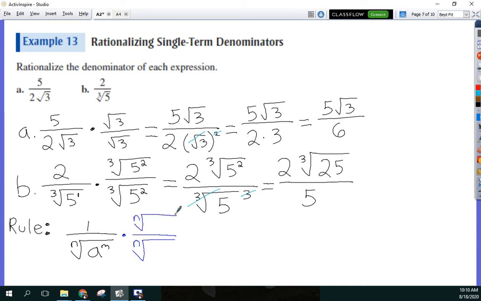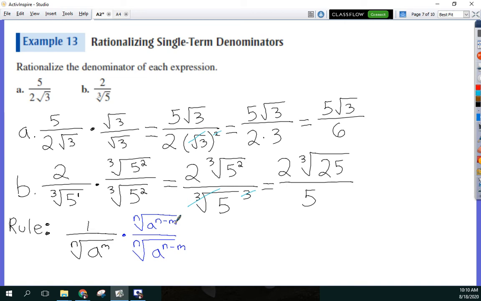But just like we did here, we took my index and subtracted what exponent I already had. So we did 3 minus 1 gave us 2. So here my index is n, my exponent is m, so I would do n minus m. And that's going to give me the correct exponent, so that way our index and our exponents reduce.